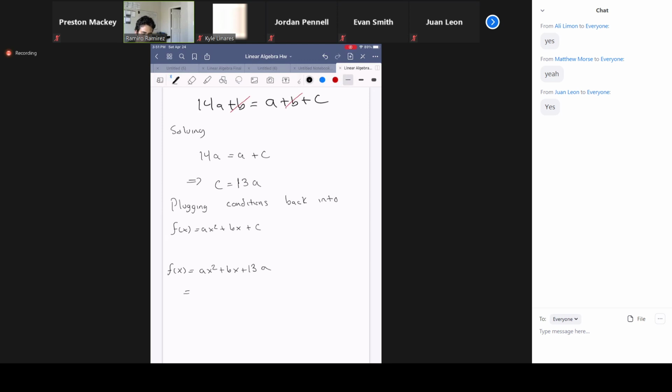Now I'm going to collect the like terms in a and factor on a, and you get a times x squared plus 13, plus b times x. These things are vectors, right? These are in P3.